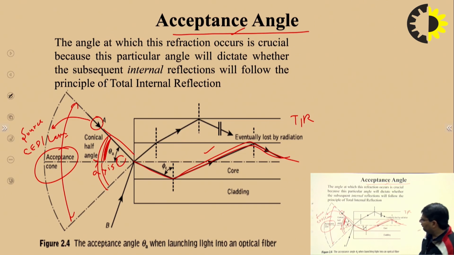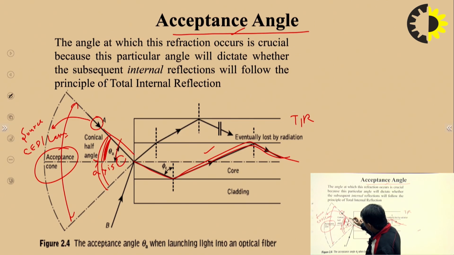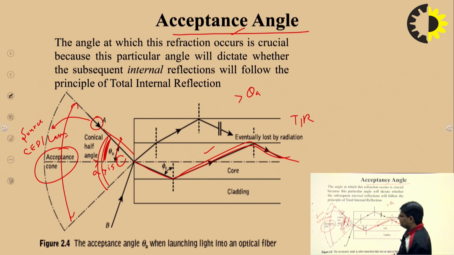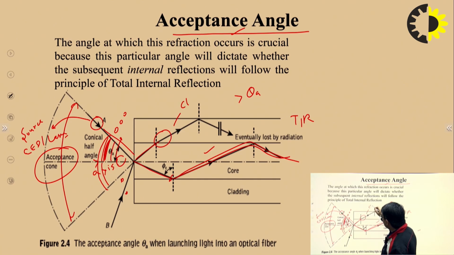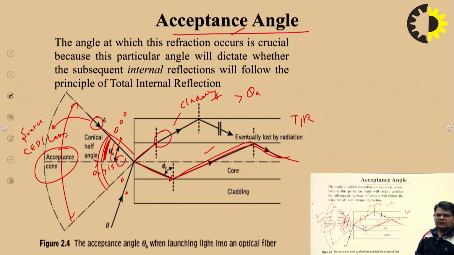That is, if we place the optical source at an angle more than this theta A, that is outside these points, then inside the fiber the condition of TIR is not fulfilled and light will penetrate into the cladding. And light penetrated into the cladding does not propagate, it is eventually lost in the form of heat or radiation.